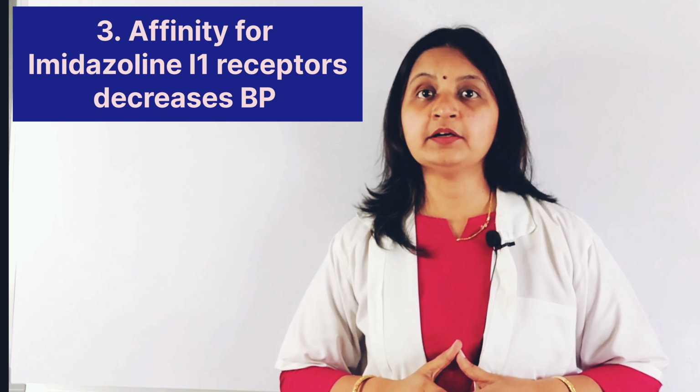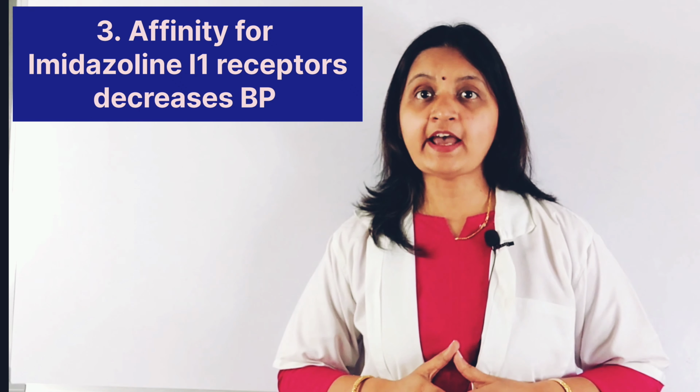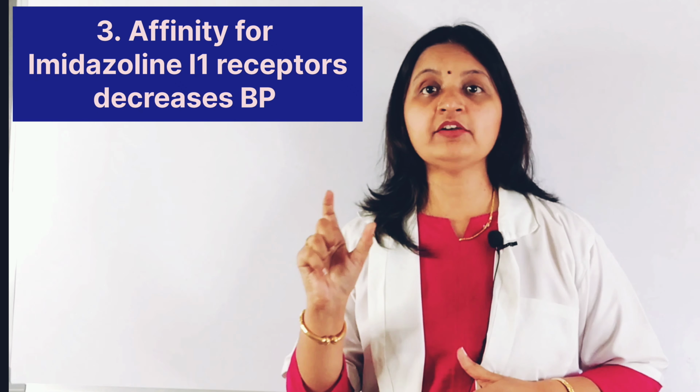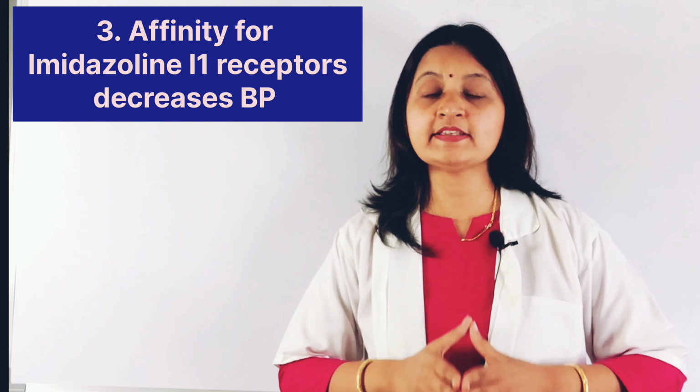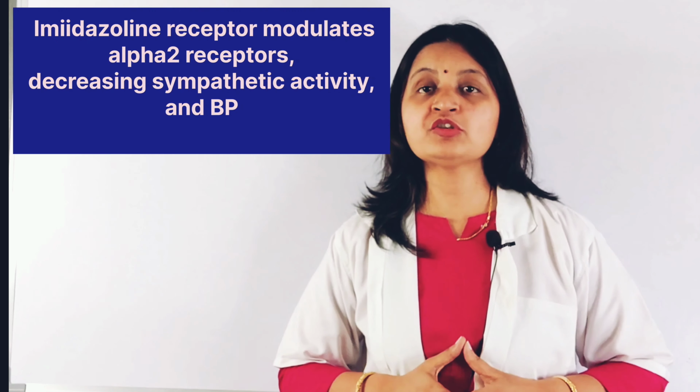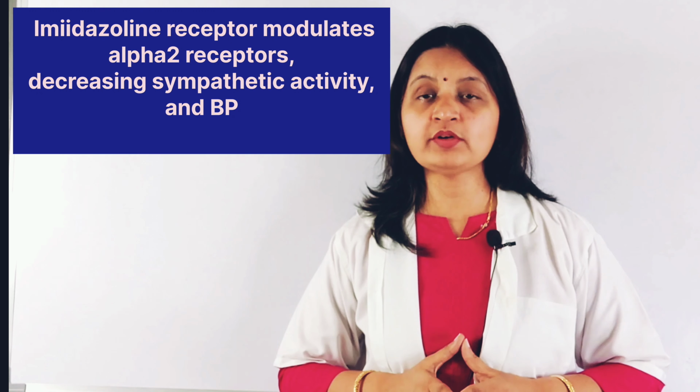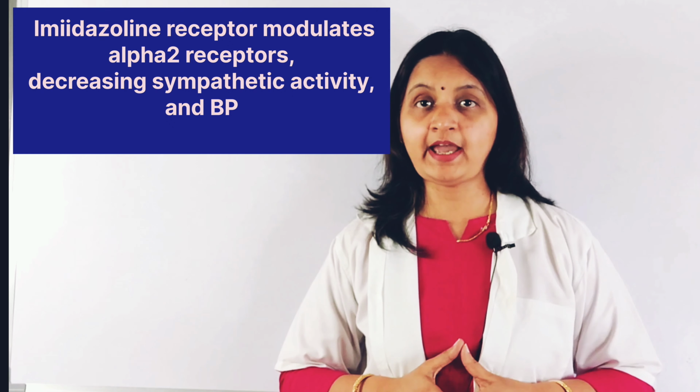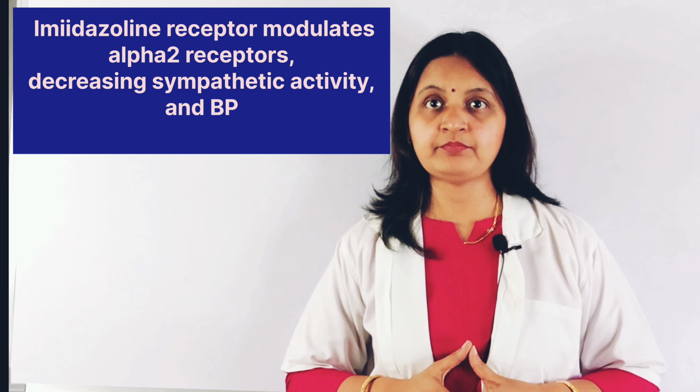The third mechanism: clonidine also has affinity for the imidazoline receptor, that is the I1 receptor, and this helps to modulate the alpha-2 receptor, decreasing the sympathetic activity and decreasing the blood pressure. So clonidine, through various mechanisms, decreases the blood pressure and is useful as an antihypertensive agent.